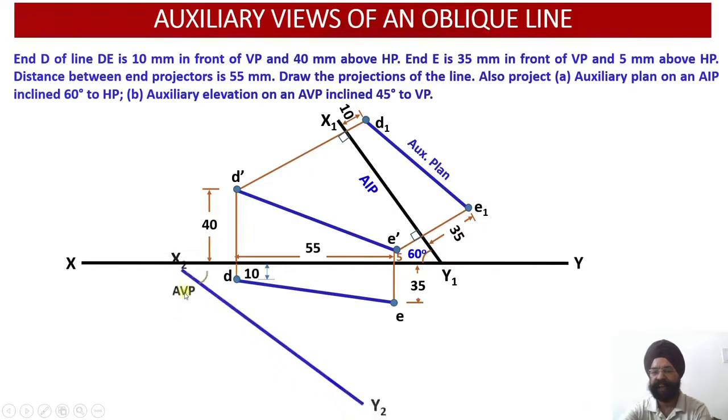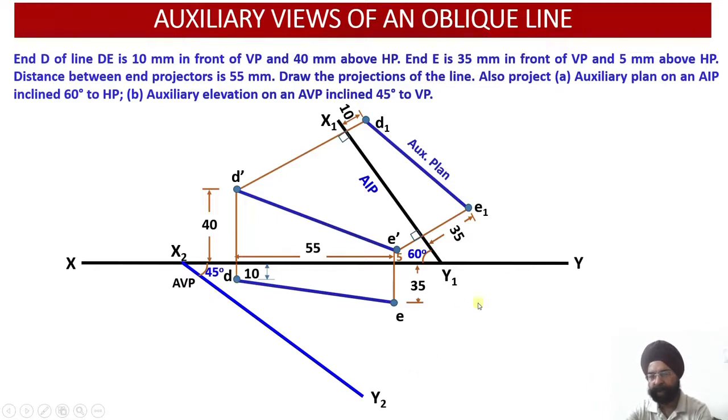Now similarly, I'll draw AVP. Again, you can draw AVP 45 degree over here, or you could have drawn AVP 45 degree over here. Had I drawn 45 degree AVP over here, the projectors would have given me a very short view of this line. This I'll demonstrate to you in a couple of minutes.